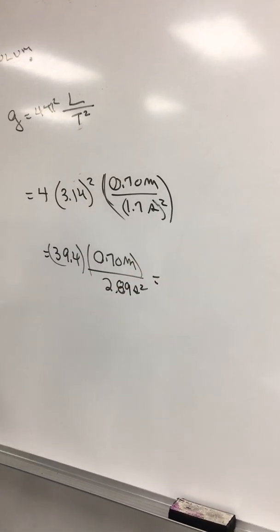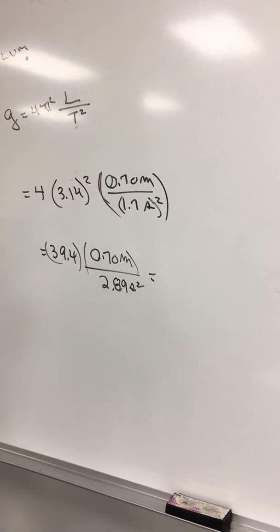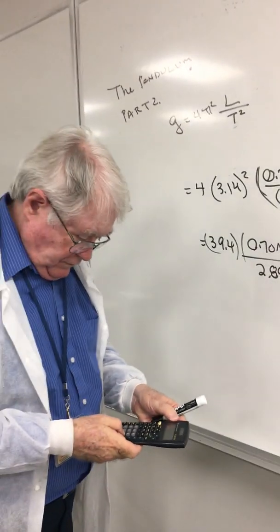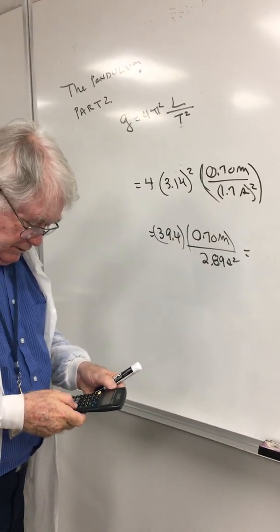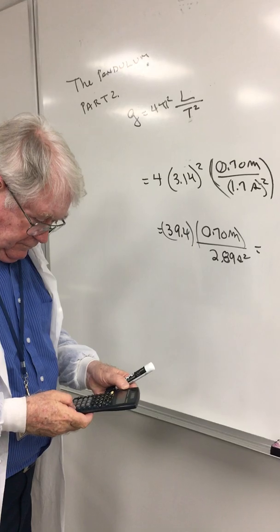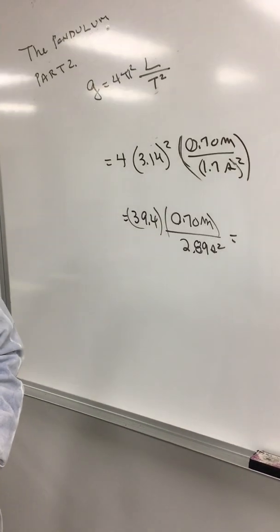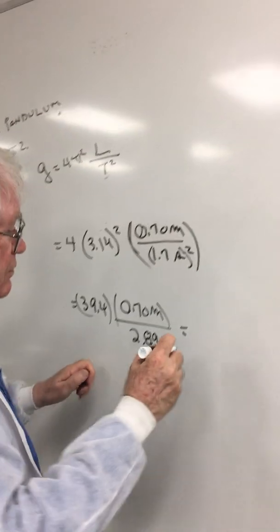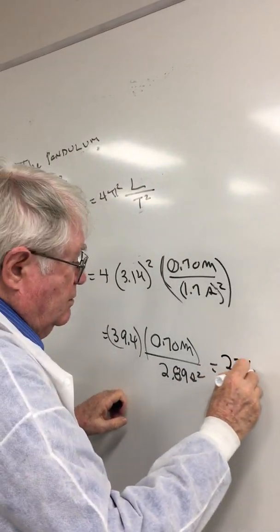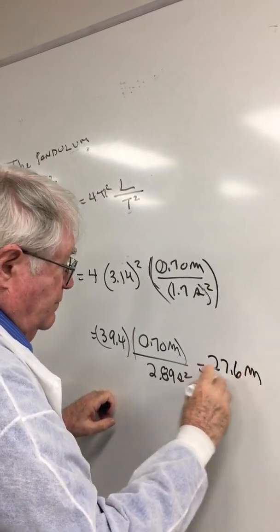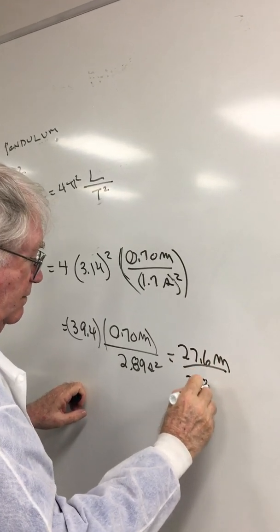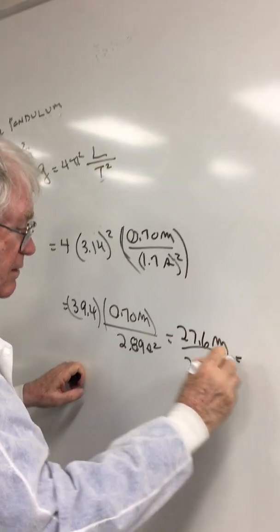Well, 39.4 times 0.7 is about 27.58, 27.6. So it's 27.6 meters divided by 2.89 seconds squared.